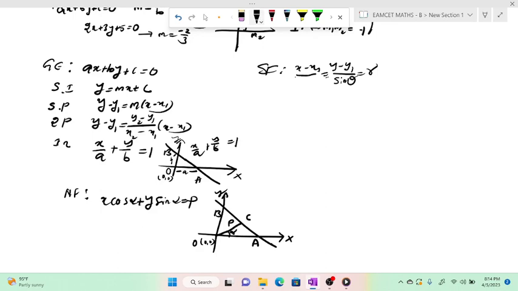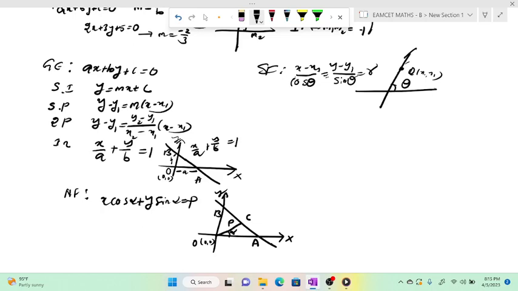What is the equation of the straight line in symmetric form? x minus x1 by cos theta equals y minus y1 by sin theta equals r. Here theta is the inclination of the line, and x1, y1 is a given point on the straight line. Theta is the inclination of the line and this is the point Q, Q of x1, y1, and this is the point x, y.